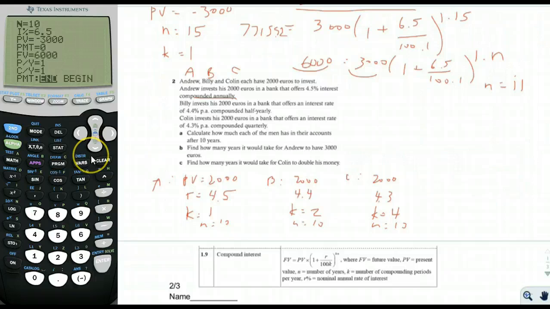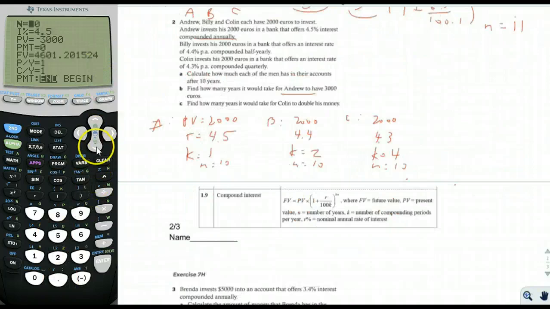The interest rate for the first case, Andrew, is going to be 4.5. And the PV is going to be 2,000. Now, since it's leaving his wallet, I'll put negative 2,000. And the future value, we don't know yet. We want to know that. C divided by y is the same thing as k, which we know is 1 for this case.